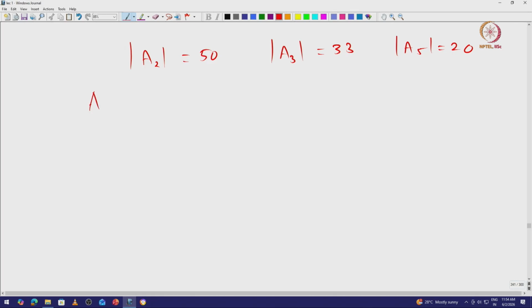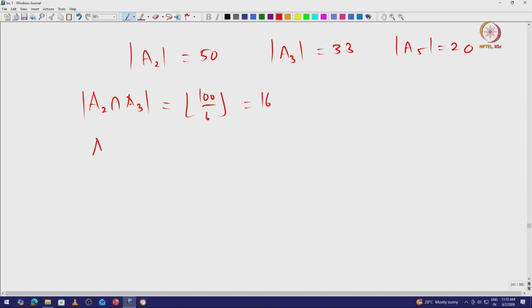And what is the cardinality of A2 intersection A3? Since 2 and 3 are relatively prime, the cardinality of A2 intersection A3 is exactly the same as the cardinality of A6, because the number should be divisible by 6. So, it is 100 divided by 6, the greatest integer, which is exactly 16.